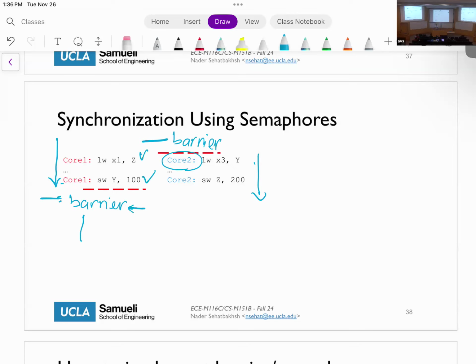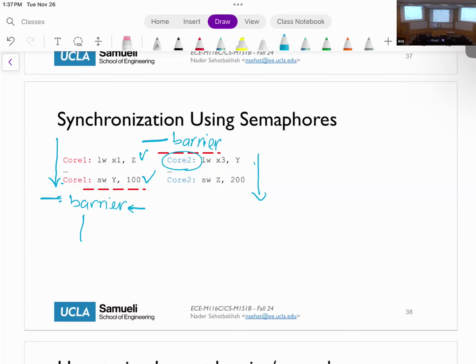So this way I can maintain the order as I wish. I can move the barriers wherever I want, and this will always make sure that if you want to run those first two codes for core number 1 first, and then the other guys second, you put the barrier between the two cores, and this will make sure that it works this way.